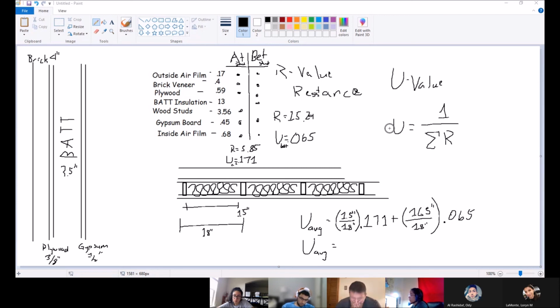And you should get 0.074. Right, and you see how it's closer to the U value of between, because that's more or less the majority. So obviously the U value would match the insulation closer.